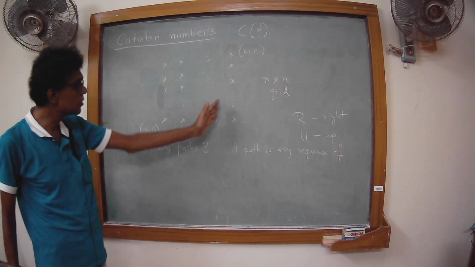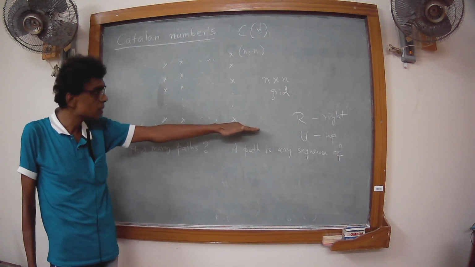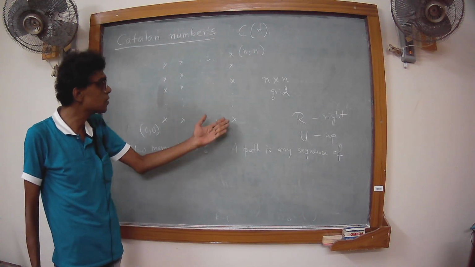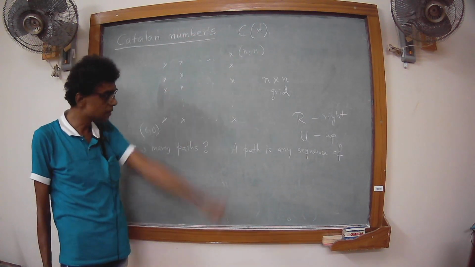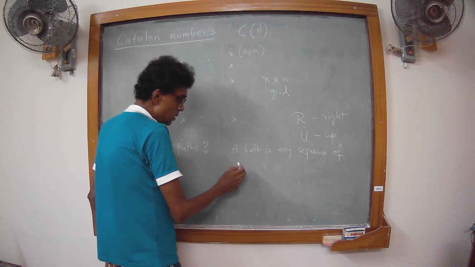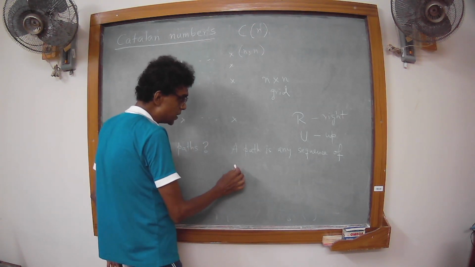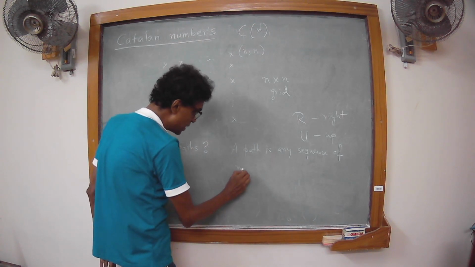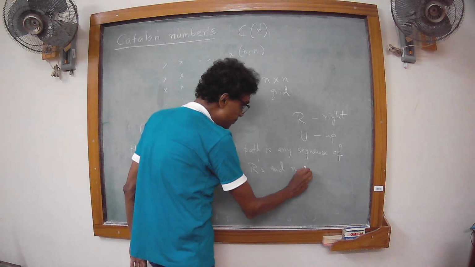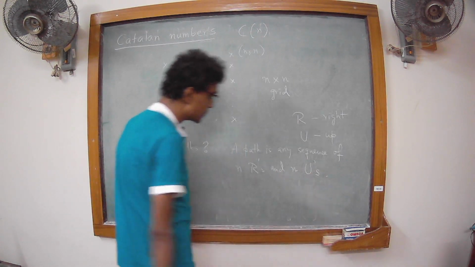From 0, 0 to n, n, you have to make n rightward steps, and this implies that you have to make n upward steps. So a path is specified completely by a sequence of n R's and n upward movements.